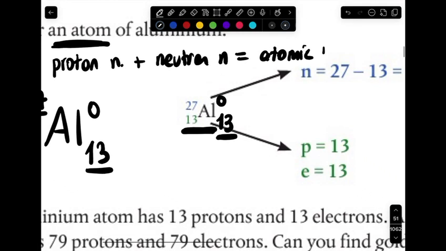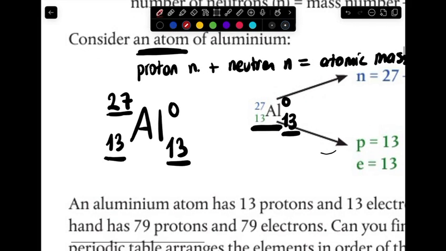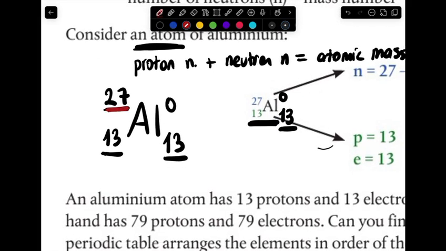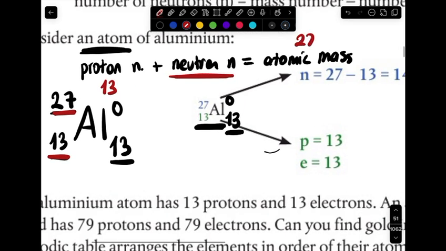In this example for aluminium, we're given the atomic mass and the proton number, but the neutron number is missing. The proton number is 13, the atomic mass is 27, so the neutron number is 14. This is how you distinguish the atomic number and mass number of a particle.